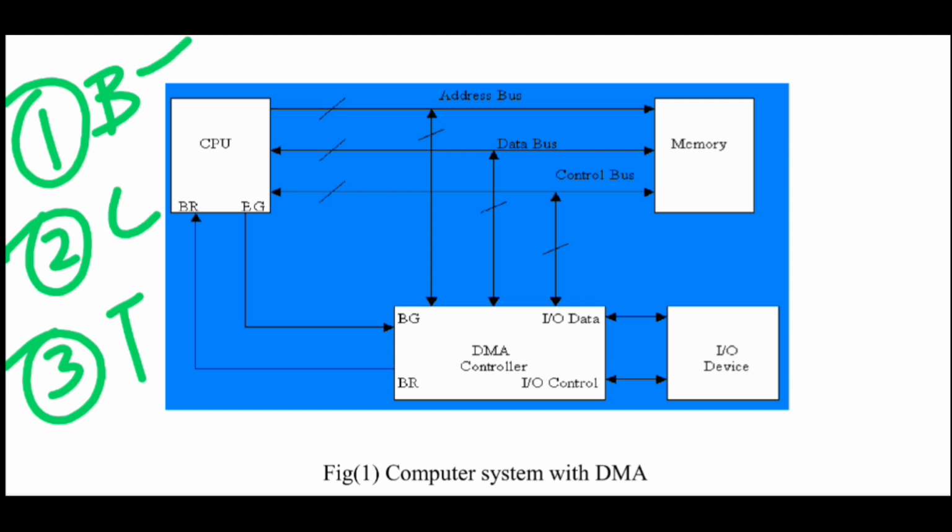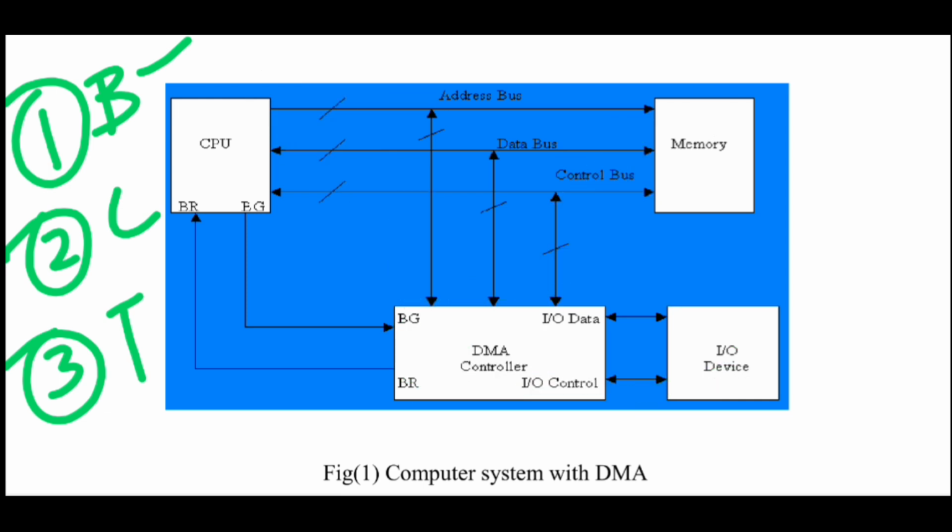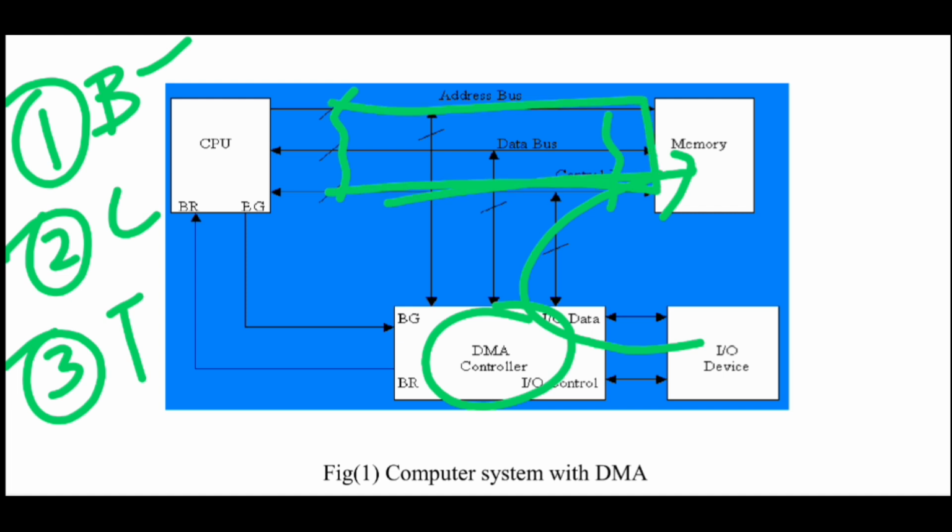Burst means the DMA controller transfers a burst of data, all the data at a time, when it holds the system bus. If our DMA controller holds the system bus, it will transfer all the data to memory. Then it will release the system bus after transferring all the data.